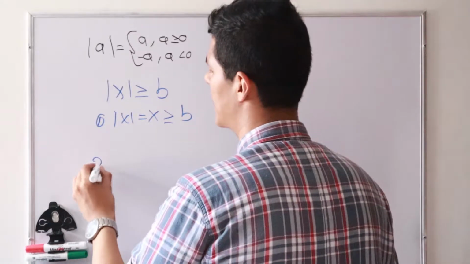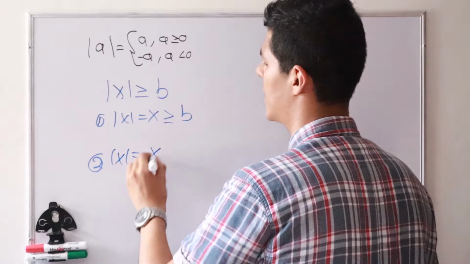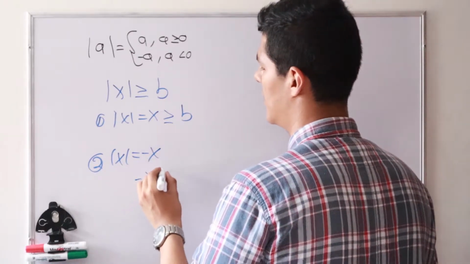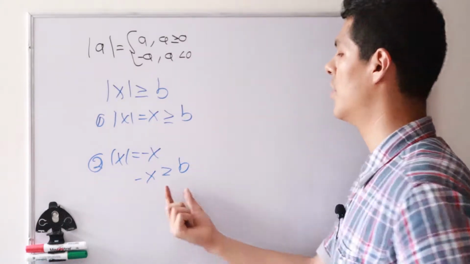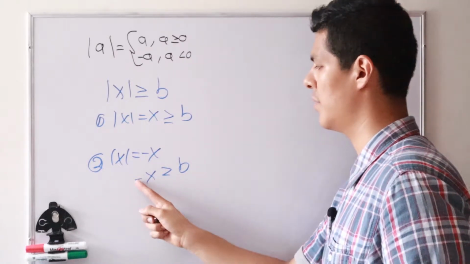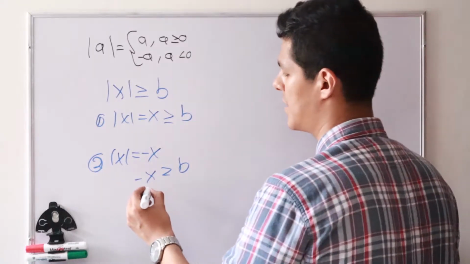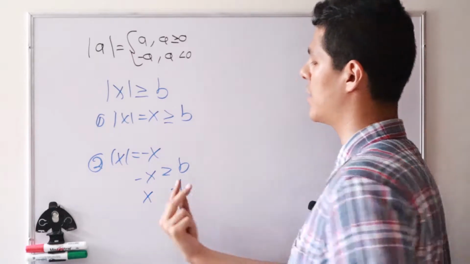The second case is when the absolute value of X is equal to minus X. So we have that minus X is greater or equal to B. By the properties of inequalities, if we have to pass the minus 1 to the other side, we need to change the inequality.